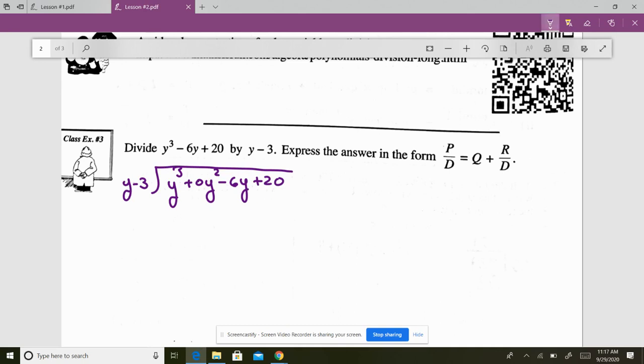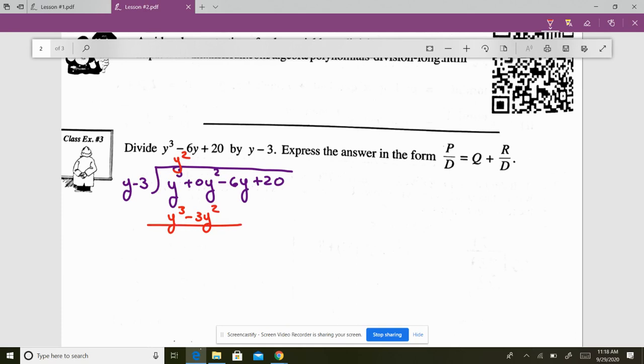Okay. So you ask yourself, how many times does y, forget about the negative 3, just the y, what do I multiply y by to get y cubed? Y squared. That goes above here. And then you multiply y squared by y to get y cubed. Y squared times negative 3.